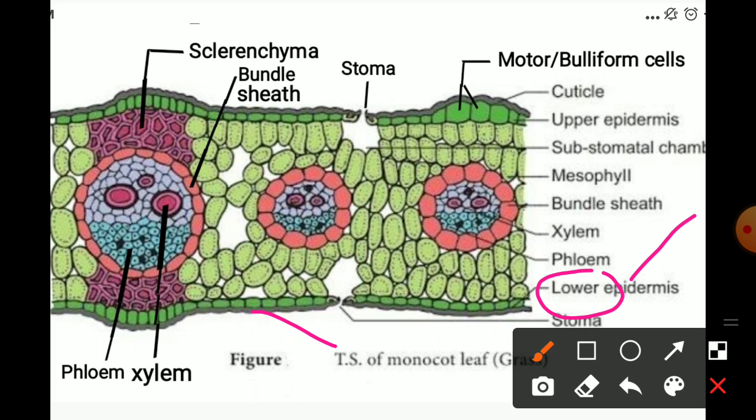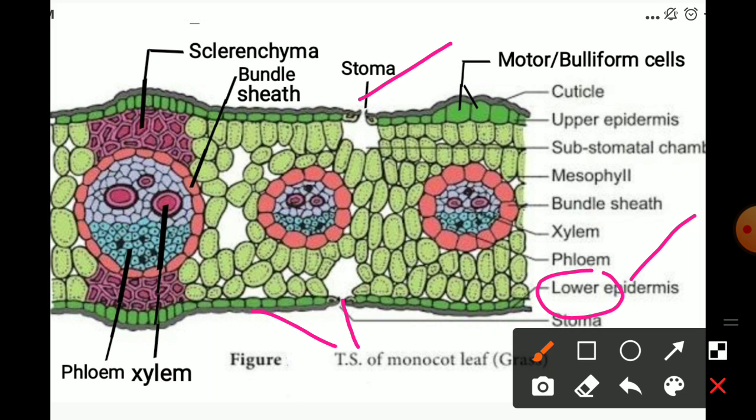This outermost lower skin is protective, made up of one layer of compactly arranged, barrel-shaped cells, and it also shows at certain places pores, the stomata, we can call them. Apertures are present in the lower epidermis.